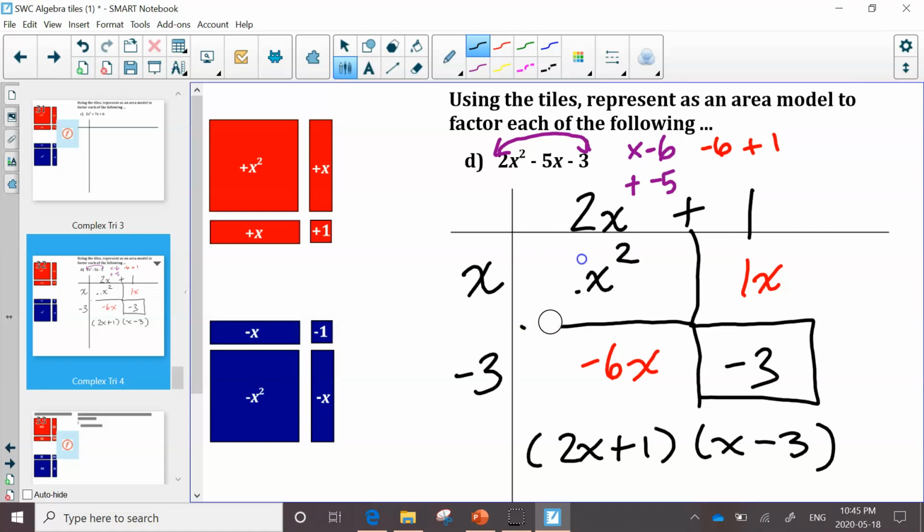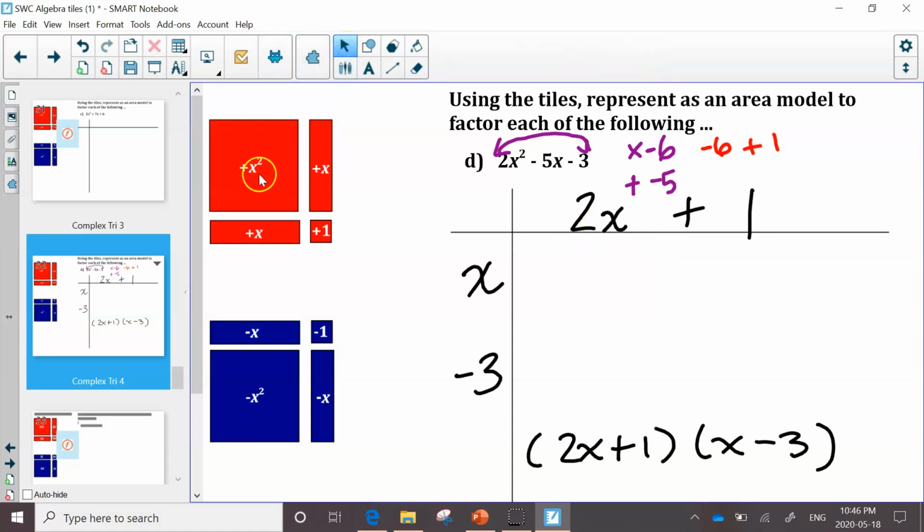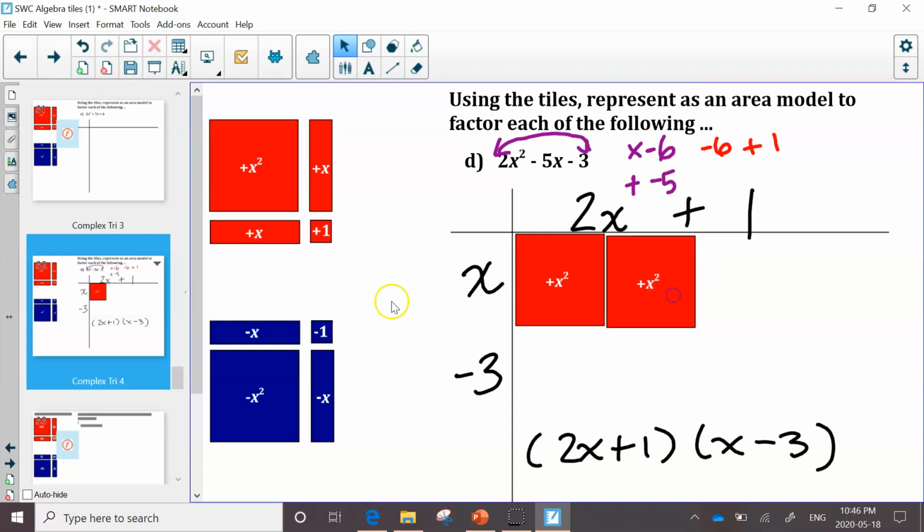Okay, if this was a little confusing, I'm going to go back to the other version where we use our area model. So if it's going to be 2x squared, I'm getting this from my original expression, 2x squared, and it's got to be -3. Okay, well, we decided it must be 1 by 3.